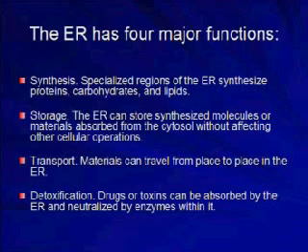The endoplasmic reticulum can store synthesized molecules or material absorbed from the cytosol without affecting cellular operation. Transport. Materials can travel from place to place in the endoplasmic reticulum. And then finally, detoxification, an important function of the endoplasmic reticulum. Drugs or toxins can be absorbed by the endoplasmic reticulum and neutralized by the enzymes within it.